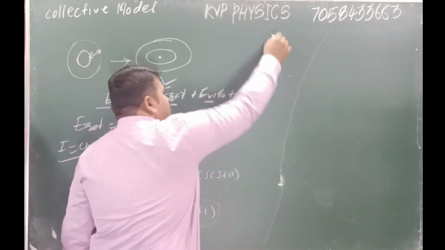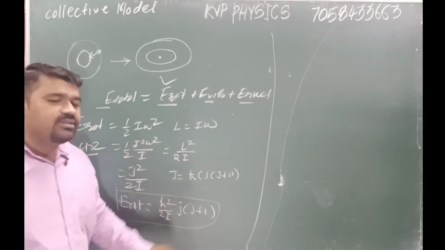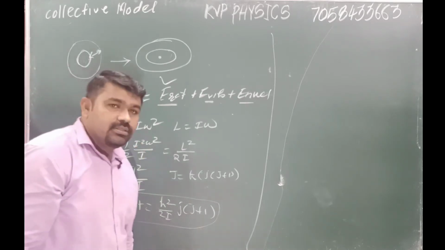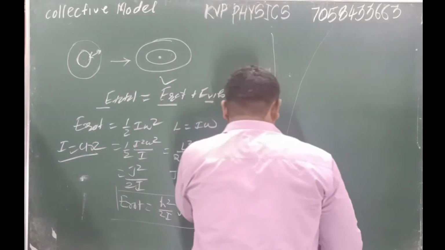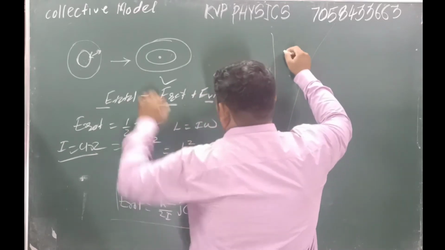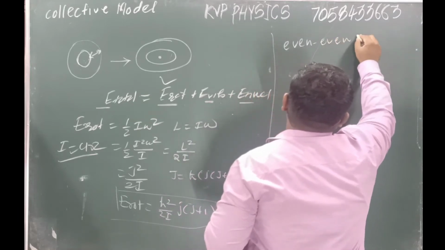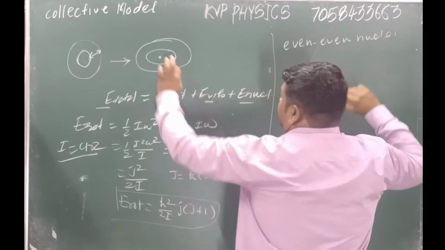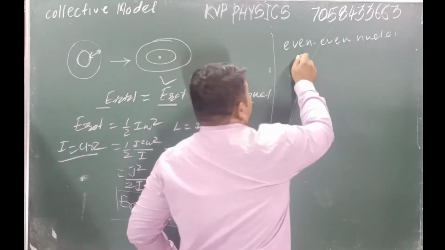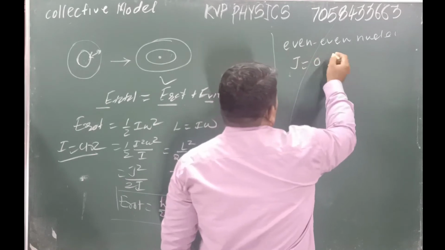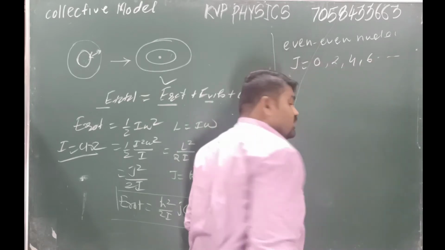In the collective model, what is the rotational energy? h cross square upon 2I J into J plus 1 for this nature. Now for this even-even nucleus, the center core is symmetric with respect to center, which means only even J values are allowed: 0, 2, 4, 6 and so on.